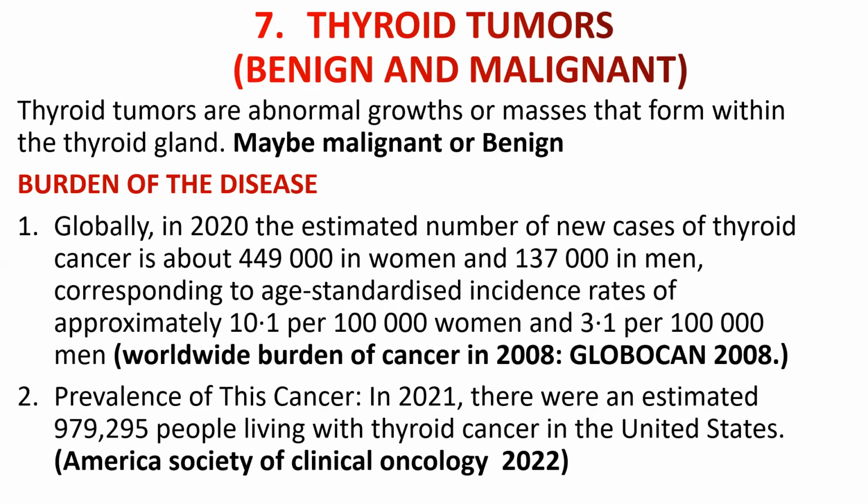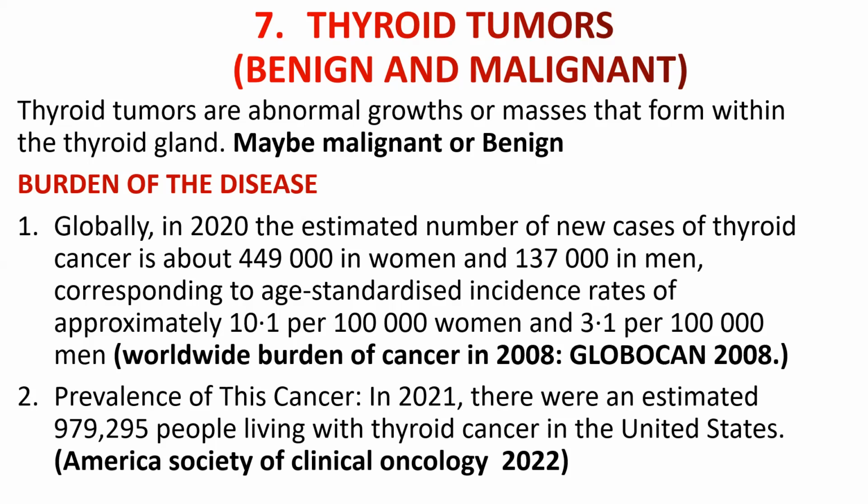The burden of the disease: globally in 2020, the estimated number of new cases of thyroid cancer was 449,000 in women and 137,000 in men, corresponding to age standardized incidence rates of approximately 10.1 per 100,000 women and 3.1 per 100,000 men worldwide.